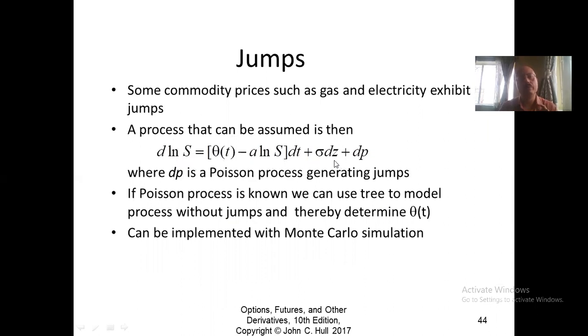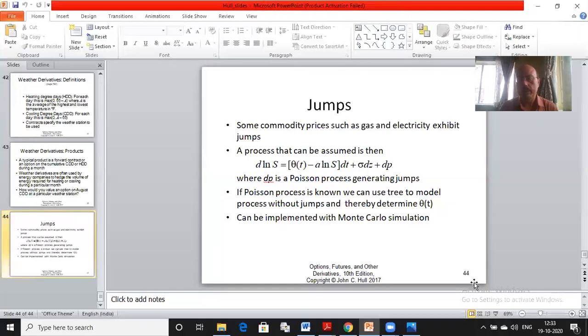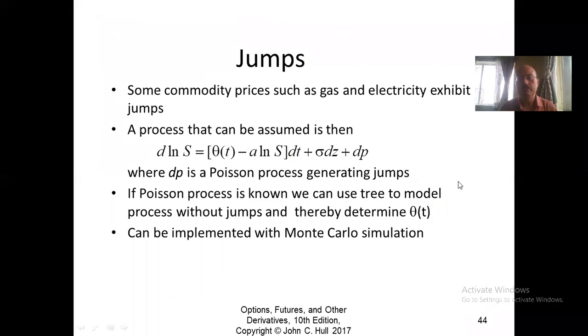But to accommodate for jumps, I also add an additional term for error, which is a Poisson process, dp, that generates the actual jumps. And this is a discrete source of error.